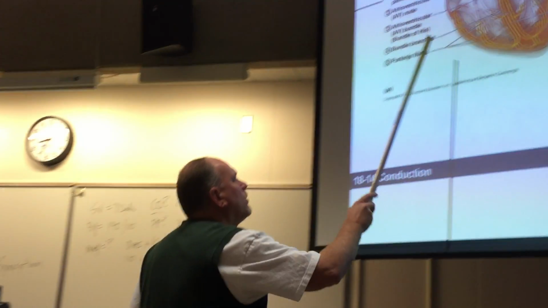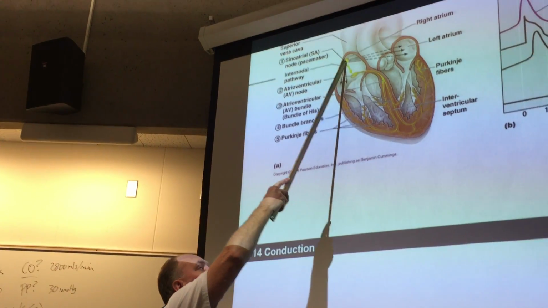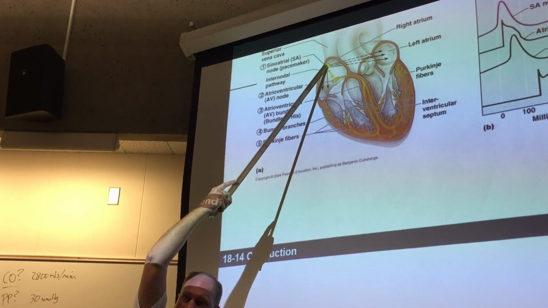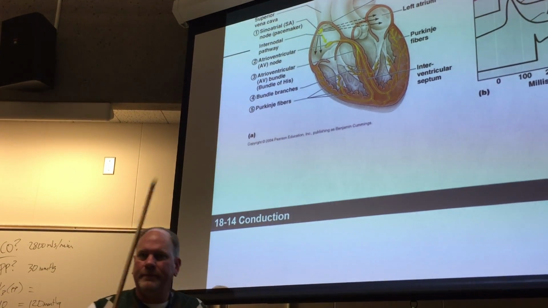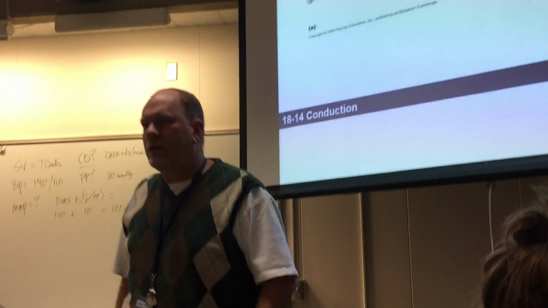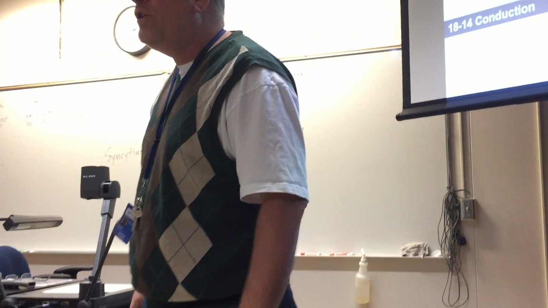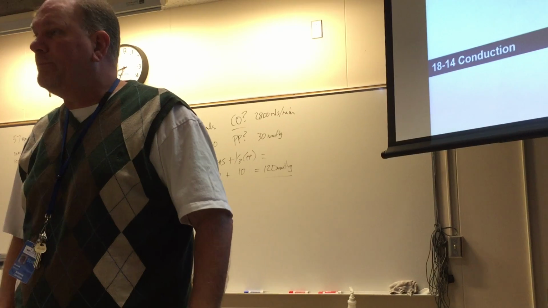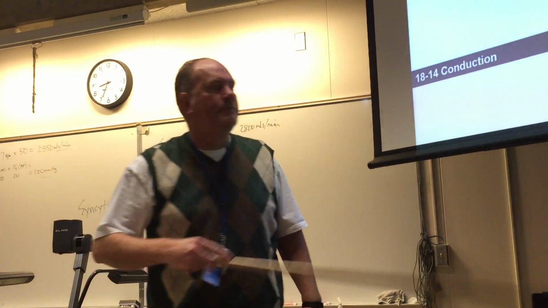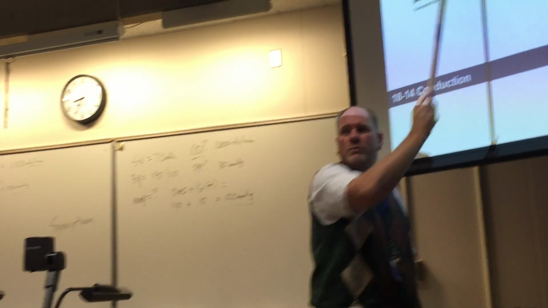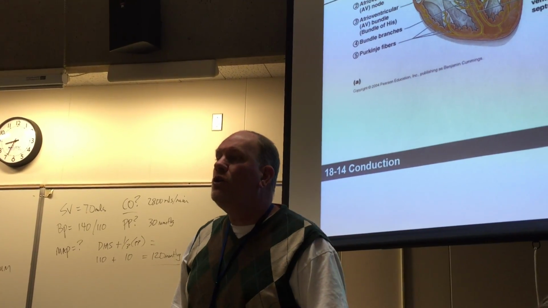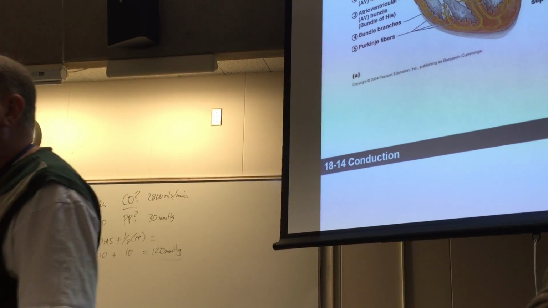If the myocardial event occurred here and caused the SA node not to fire, what would be the first thing you see on an EKG? You'd see AV node delay where that doesn't fire, so the first wave you would see is the Q, not the P. You understand that?